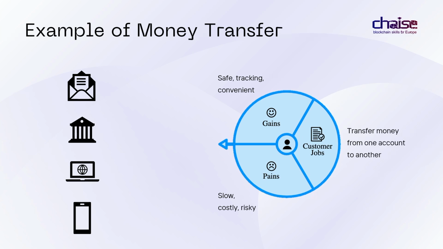It was more convenient. Then, with the internet age, you could do it through your internet bank. And you can now also do it through your mobile. But when you look at the customer job, it has not changed. The customer still wants to transfer funds from one account to another.